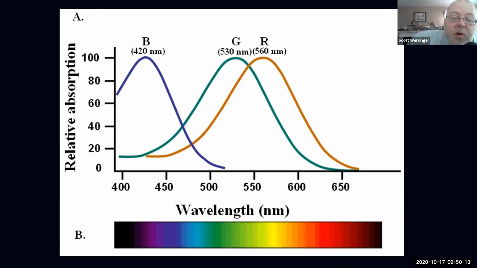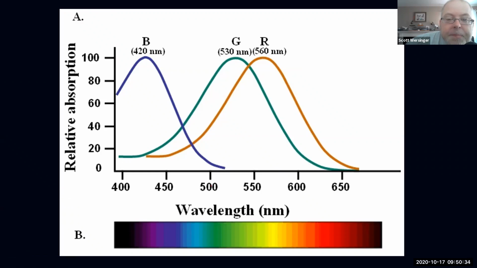One is the trichromatic or Young-Helmholtz hypothesis about color vision. And what that says is it's basically the ratio of activation between our cones that lets me perceive color.